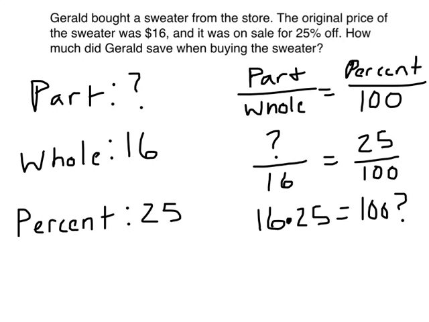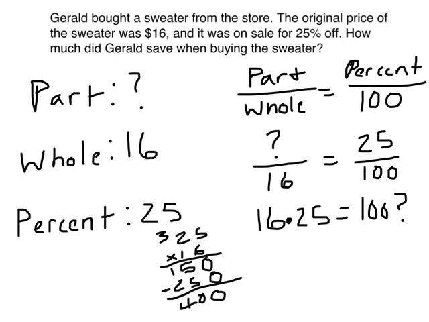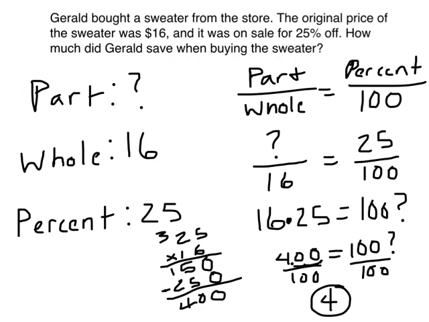So what is 16 times 25? 16 times 25 is 400. Now I can divide by 100 to find the part. 400 divided by 100 is 4. So Gerald saved $4 when buying the sweater.